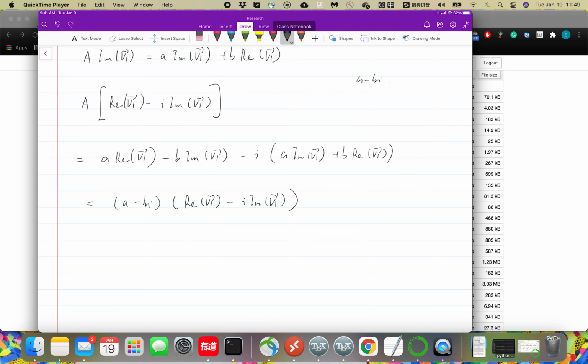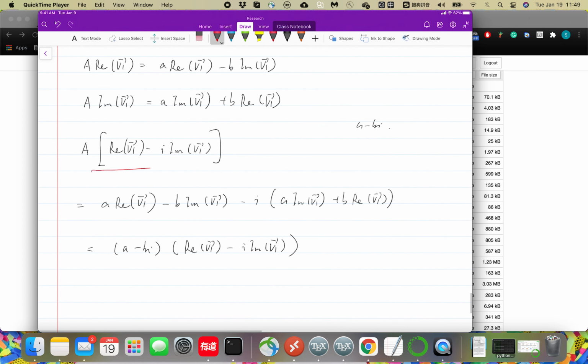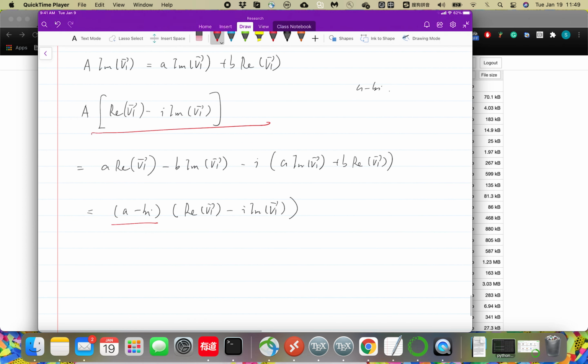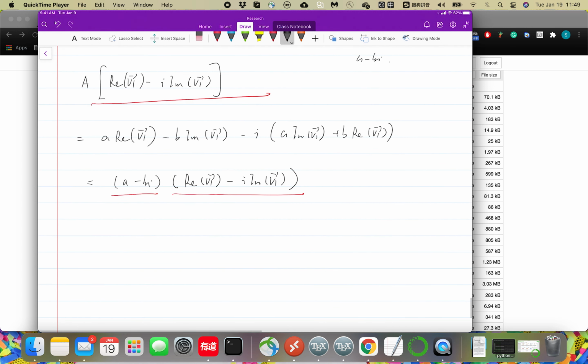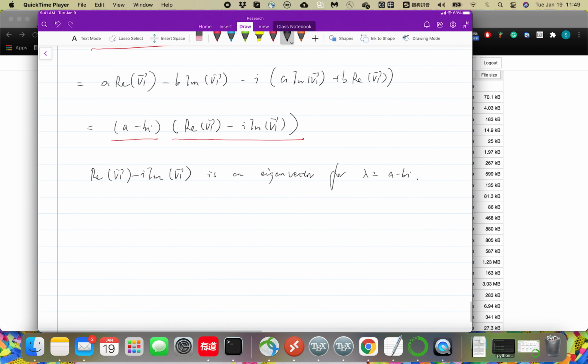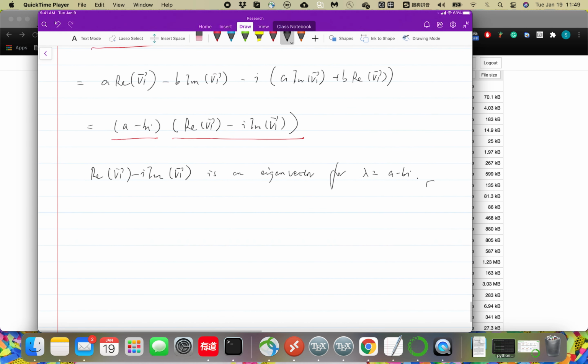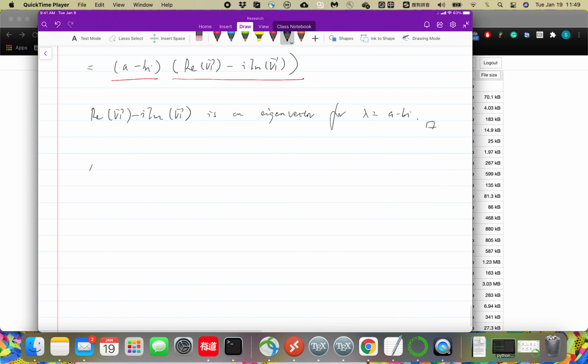Okay, it's very easy to do. You can just verify by yourself. But then you just proved A acting on this vector equals A minus BI acting on this vector. Therefore, this is an eigenvector for lambda equals A minus BI. Okay, that's the proof. So judging by what we have here, we have lambda 1 equals this in the example.